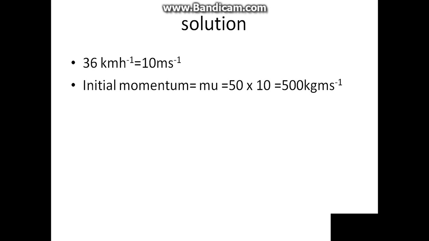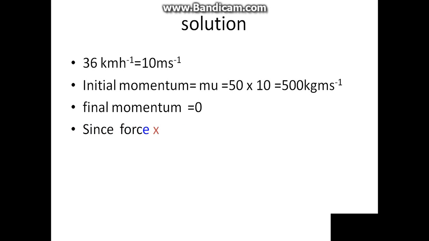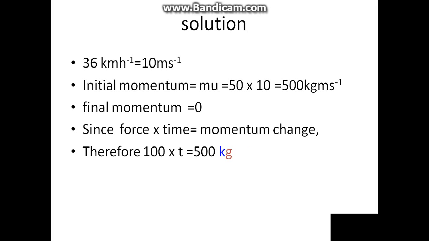Initial momentum is equal to mass times initial velocity, which is 50 times 10, which gives us 500 kg meters per second. Final momentum is equal to 0. Since force times time is the momentum change, therefore 100 times t is equal to 500. Therefore, making t the subject of the formula, we have 500 over 100, which gives us 5 seconds.